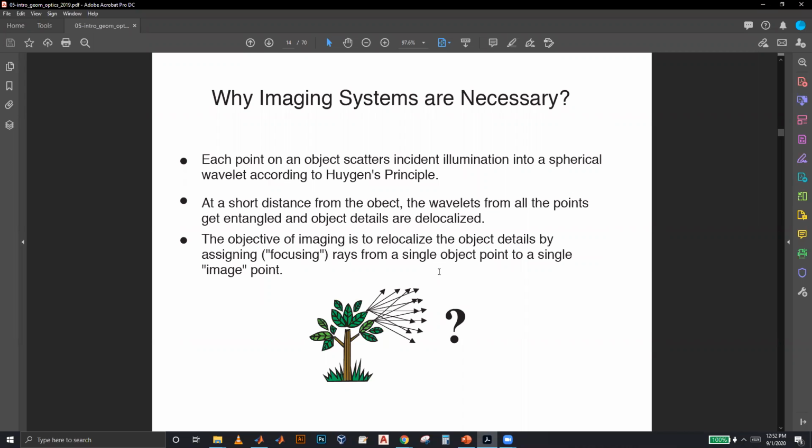The information regarding the object, the visual information, is being carried by these wavelets, but in space, they get all jumbled up.